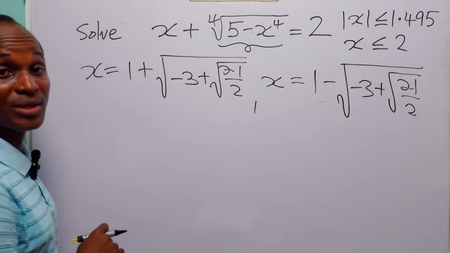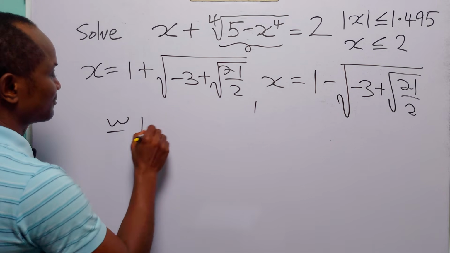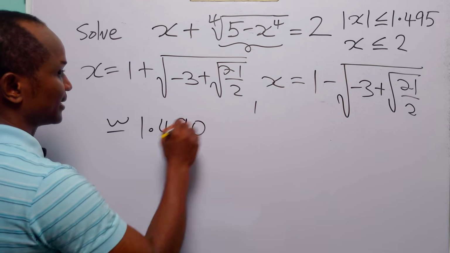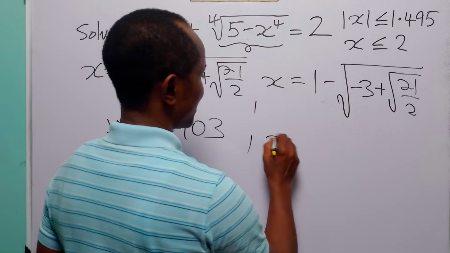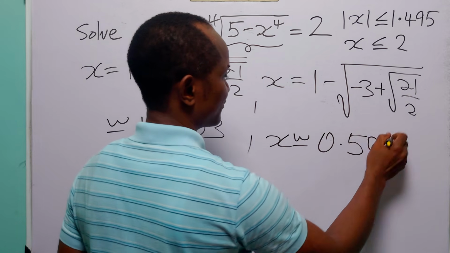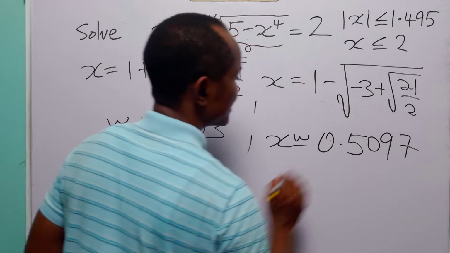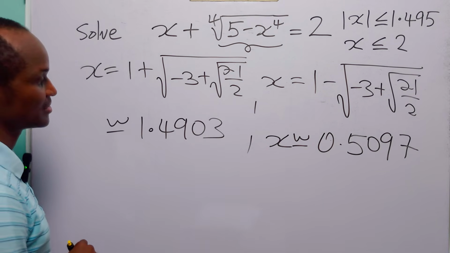Now, evaluating this with a calculator, we have that x is approximately equal to 1.4903. And evaluating this with a calculator, we have that x is approximately equal to 0.5097.